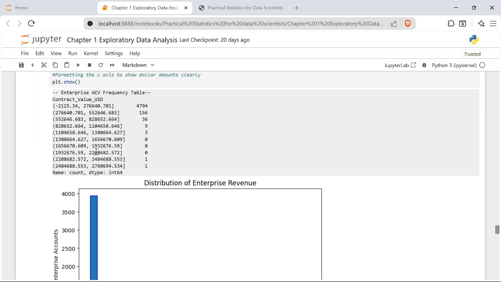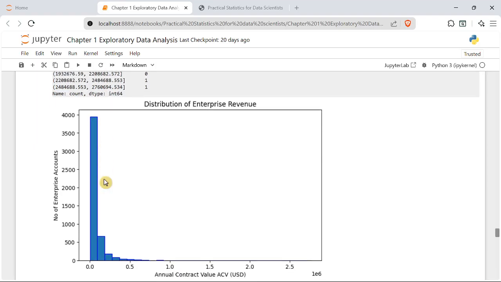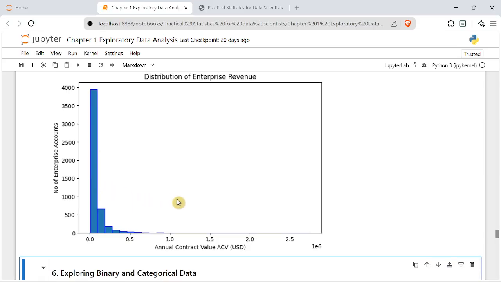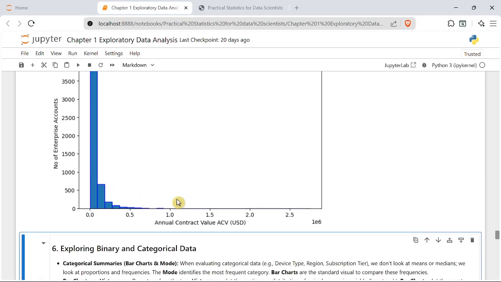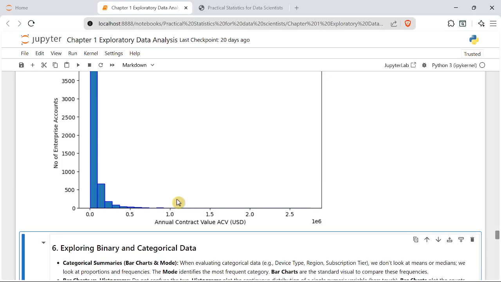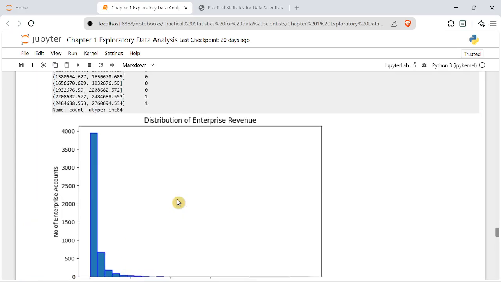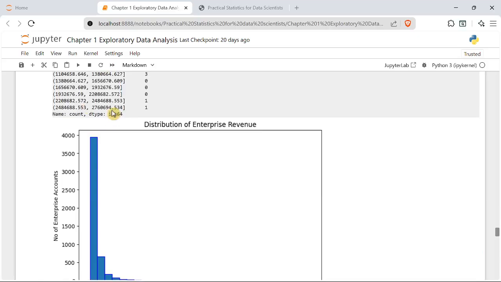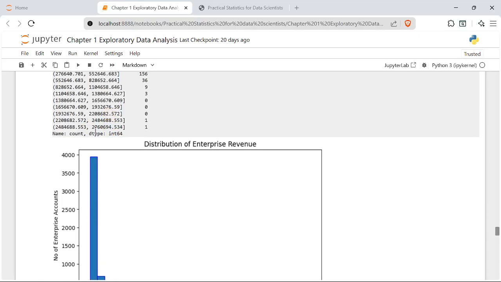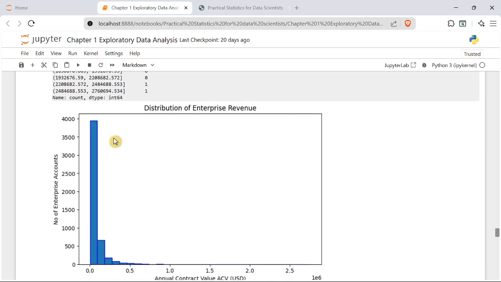However, look at the long tail dragging out to the right. Those are our whales, rare massive contracts exceeding many lakhs of dollars. For example, one whale account is in the range of 24 lakhs USD to 27 lakhs USD.